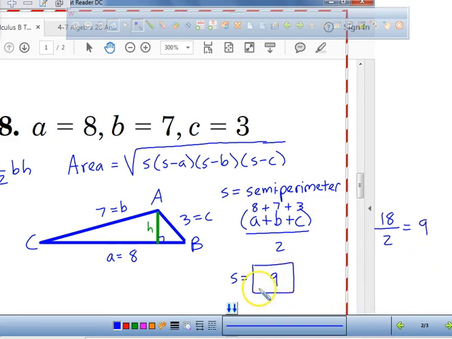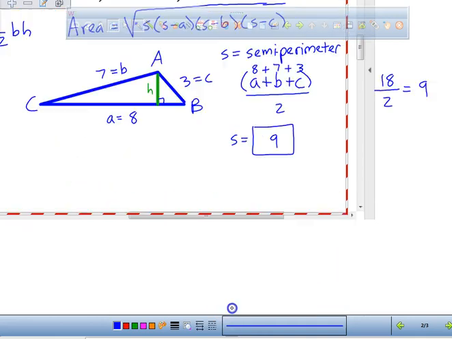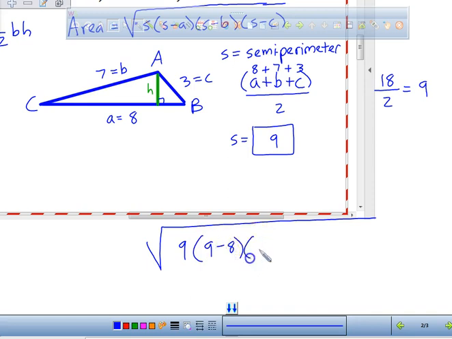So that's what our S value is. So now that we have our semi-perimeter, we have everything that we need to be able to find the area of this triangle. So we're going to rewrite it. We're going to put 9 times 9 minus 8, 9 minus our B value, which is 7, and 9 minus our C value, which is 3.